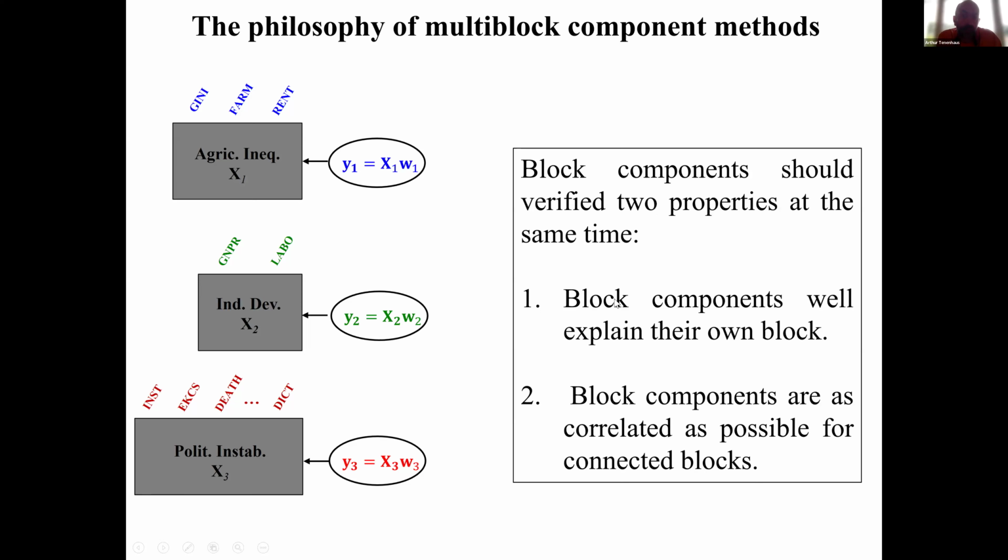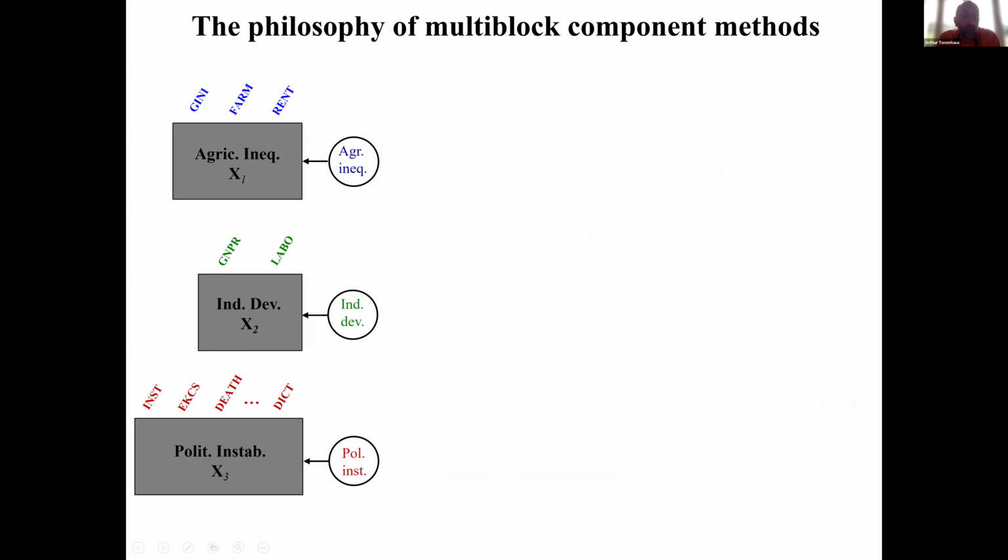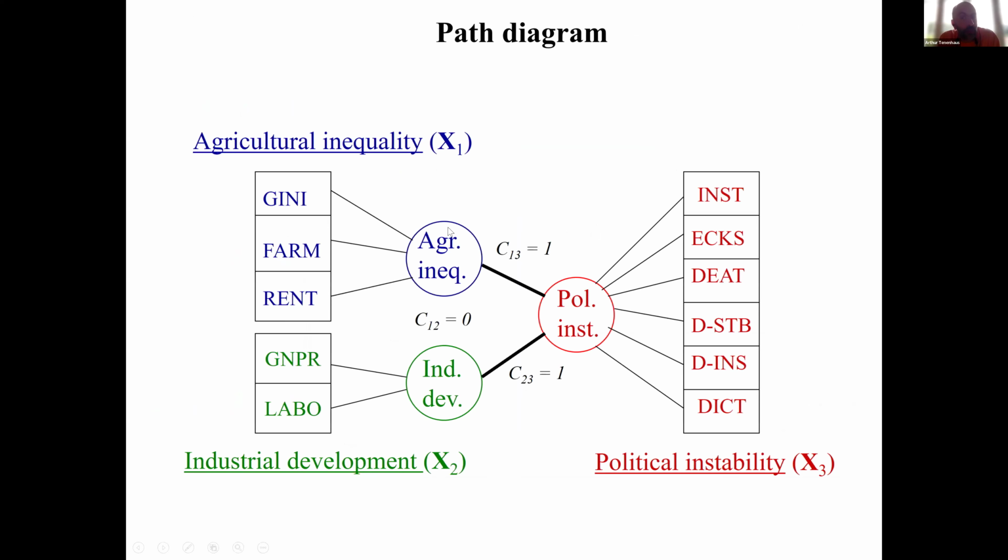The first one is that the block components will explain their own block, in terms of PCA. We want a component like a PCA component, but we want the components to be correlated if the blocks are connected.